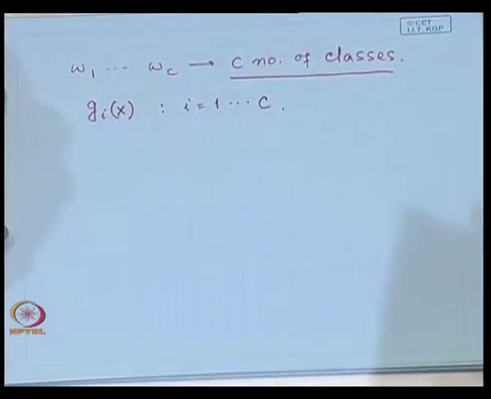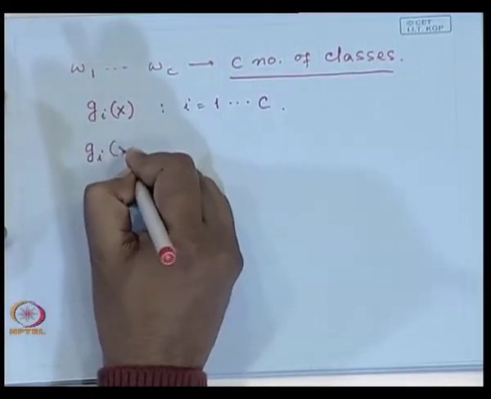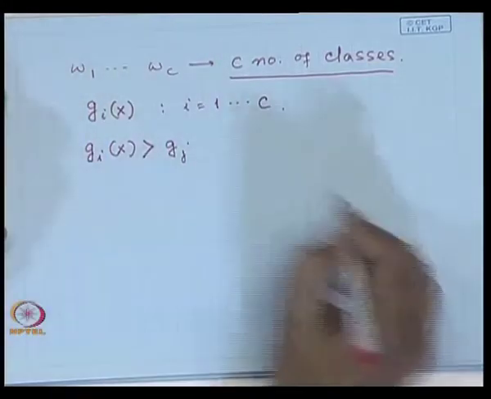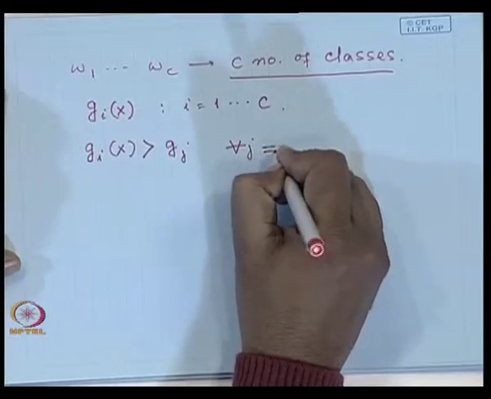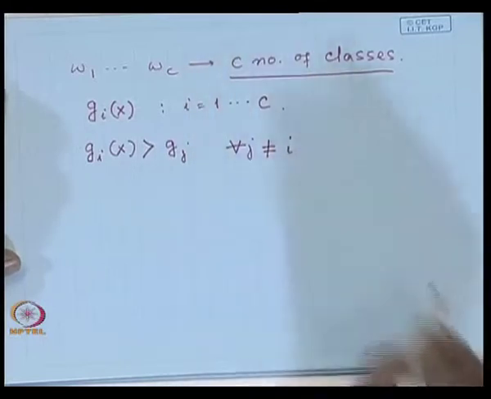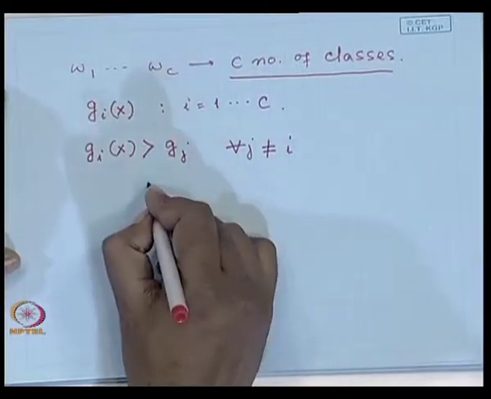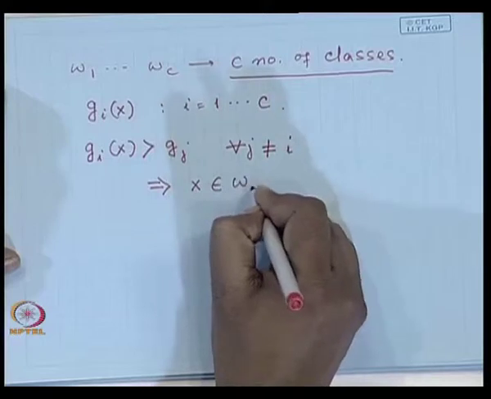So, if I follow the decision rule in general that g i x is greater than g j x for all j not equal to i, then I decide that this x belongs to class omega i.